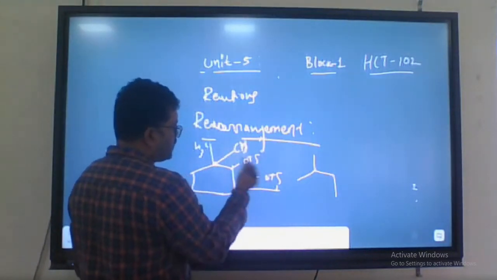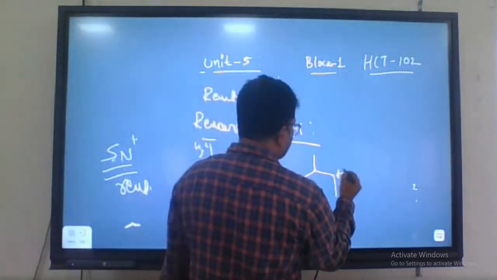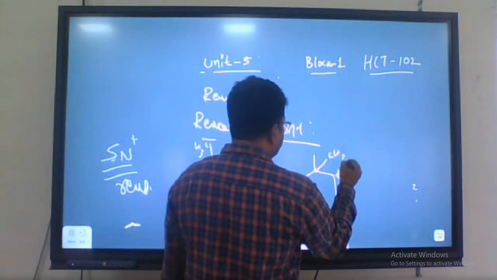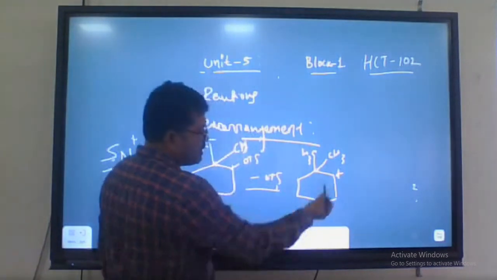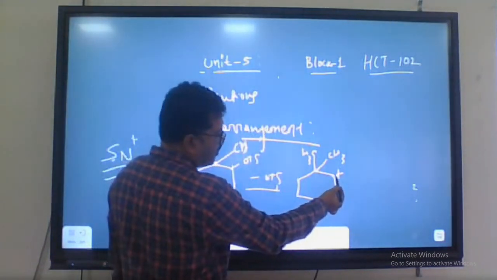The OTs is removed, the bulkier group leaves, and it forms a carbocation. This is CH3 and this is CH3. See, this is a secondary carbocation.